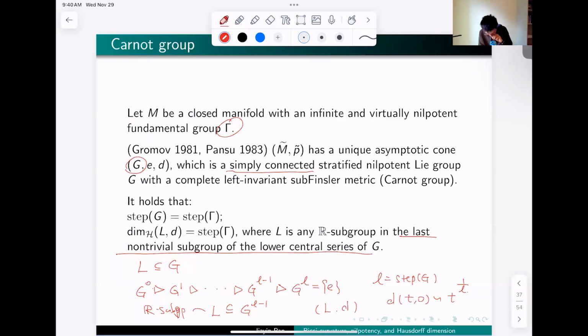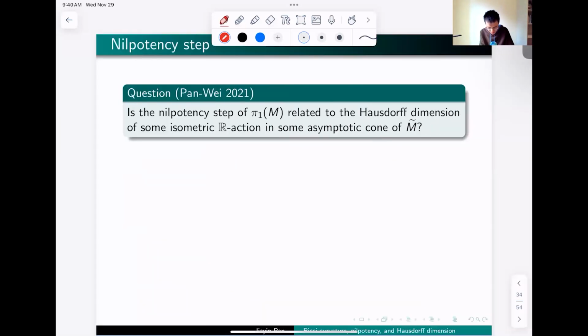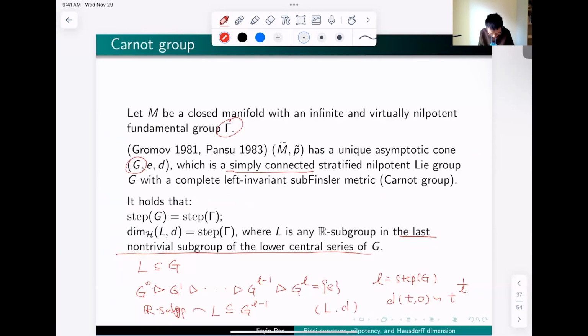Yeah, so combining this with the previous thing that I asked, like can you see the step of your fundamental group at infinity? So you can ask, what if you start with now not a closed manifold, but a non-compact one, right?